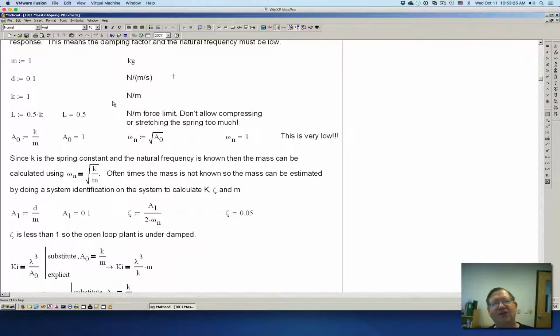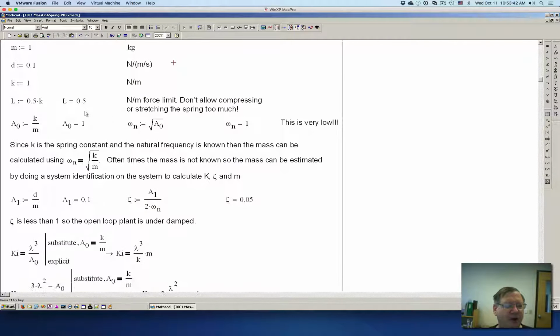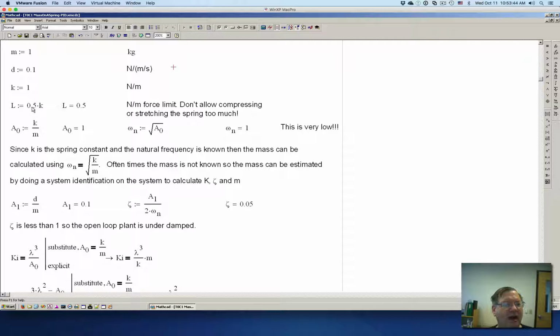So I had to reduce my force limit, because that's based on the spring constant and how far I can deflect the spring. I decided I was going to just have my spring be deflected 1/2 meter at the most. So I have this limit of 0.5, so my force limit is 0.5 newtons. And you'll see where that comes into play later.